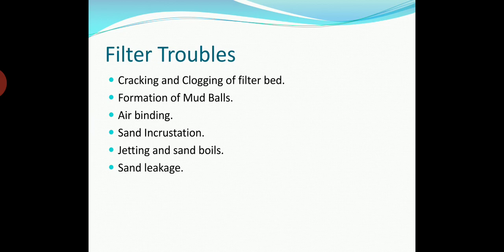The next we have is sand incrustation. Sand incrustation may occur either due to deposition of sticky gelatinous materials from the influent water or due to after-crystallization of calcium carbonate in cases where heavy lime treatment of water is practiced.